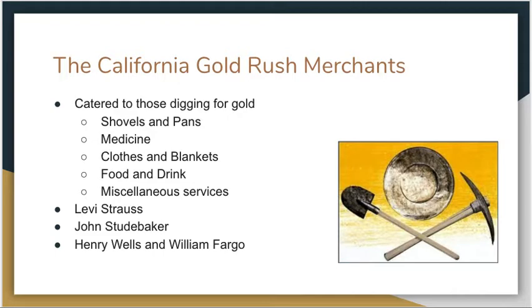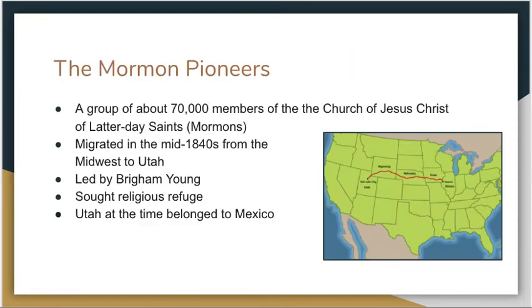Rather, they came in search of economic opportunities associated with the intent of selling food and supplies to the prospectors, with the names of three of the more famous and super successful gold rush merchants appearing on the slide before you. Now, true, you're not going to need to know their stories. Nonetheless, I encourage you to now pause the video and see what you can find out about these three on the internet. Fascinating tales, you'll no doubt conclude.